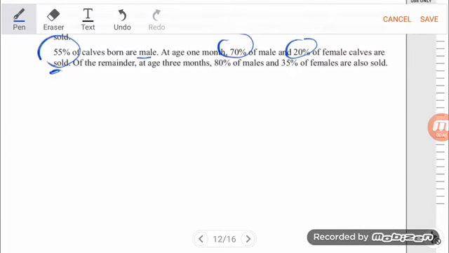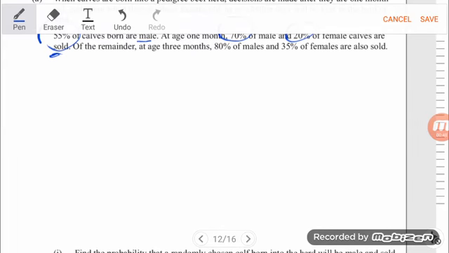Okay, there's two ways that we can put this information down. The easiest way I find would be to draw it as a probability tree. So let's do that. I will show you how to do the contingency table at the very end of the section. So we've got males, we've got 55%, so that's 0.55.